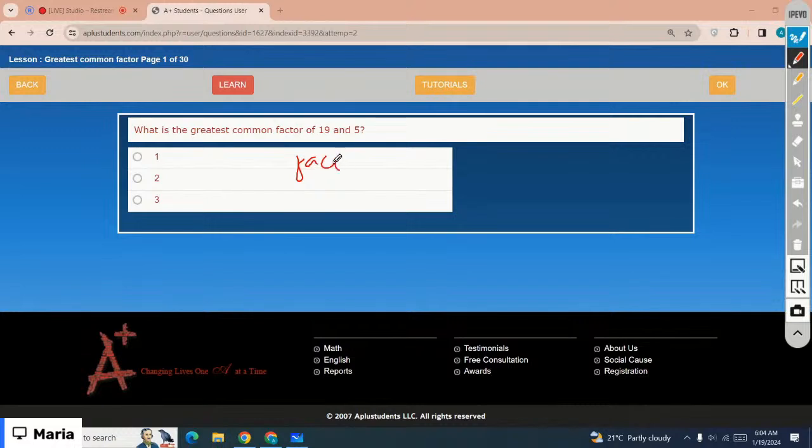The factors of 19 are 1 and 19, no other factors. In the same way, the factors of 5 are 1 and 5, no other factors. So the only common number here is 1. That means the greatest common factor of 19 and 5 is 1. Got it? The correct option is 1.